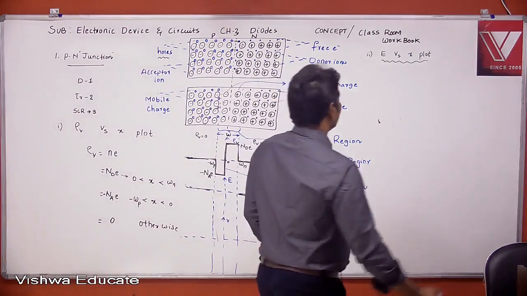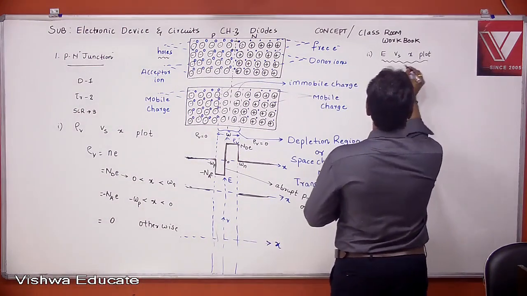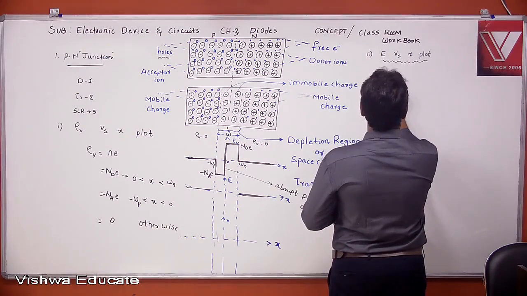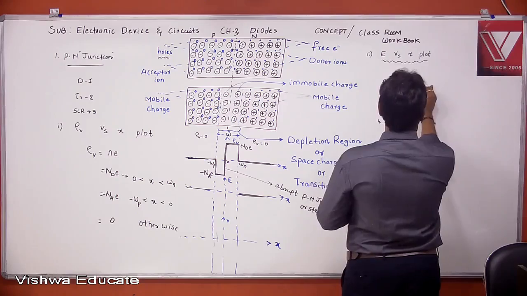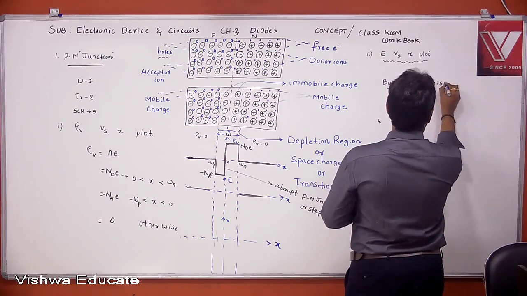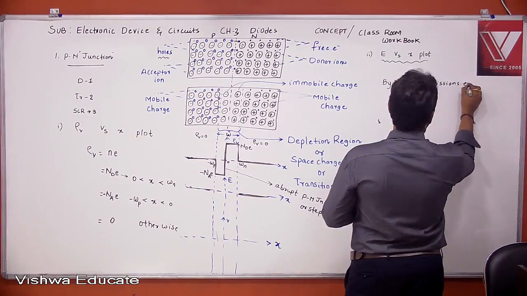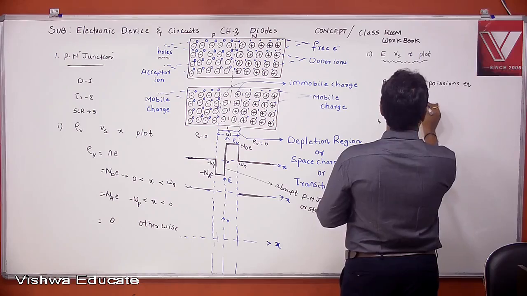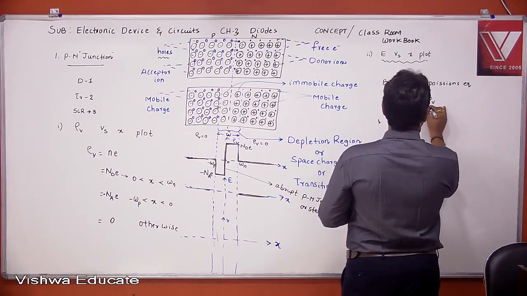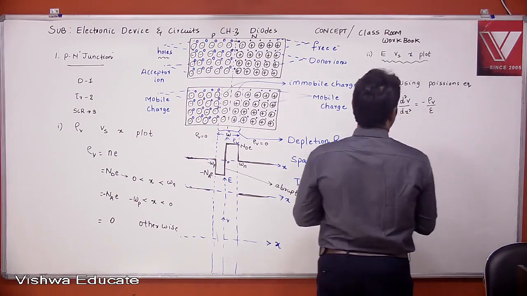This electric field can be calculated with the help of Poisson's equation. What is Poisson's equation? d square V by dx square is equal to minus rho V by epsilon.